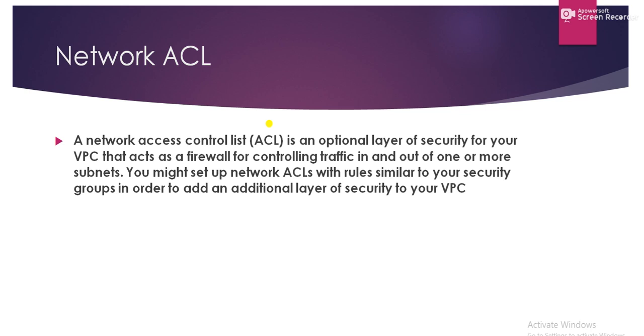The network ACL is generally implemented at the subnet level, while the other security is the security group, which is associated at the instance level. This is the difference between the security group and the network ACL. This is a kind of firewall.